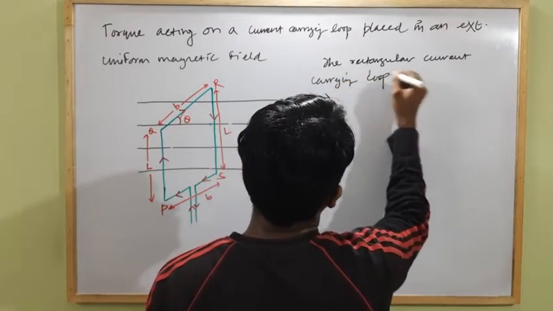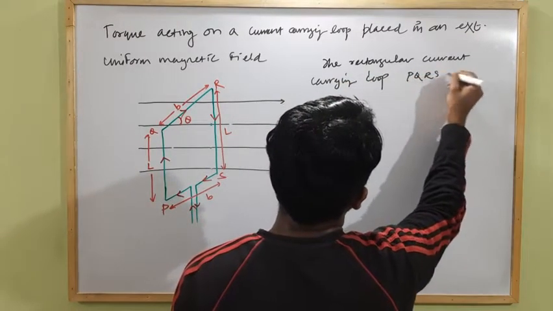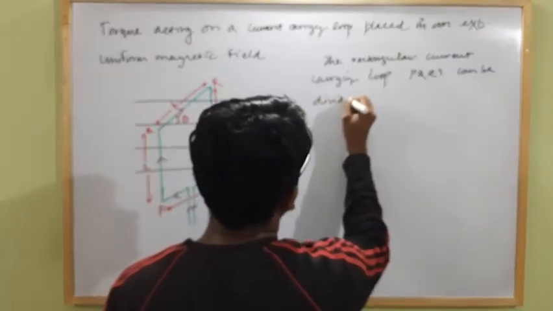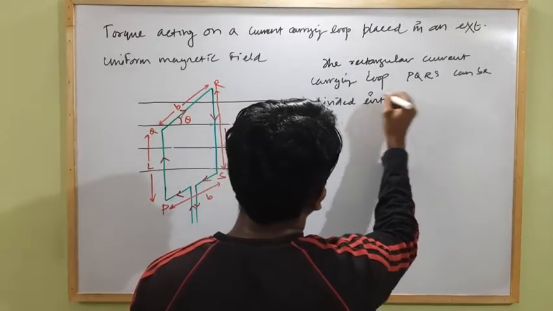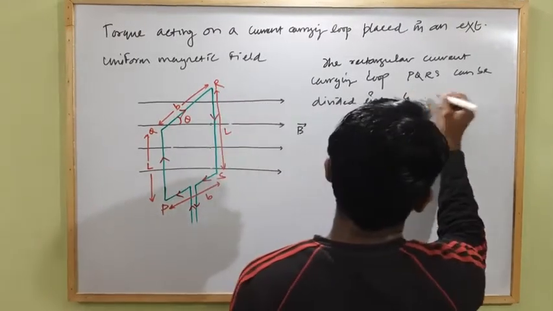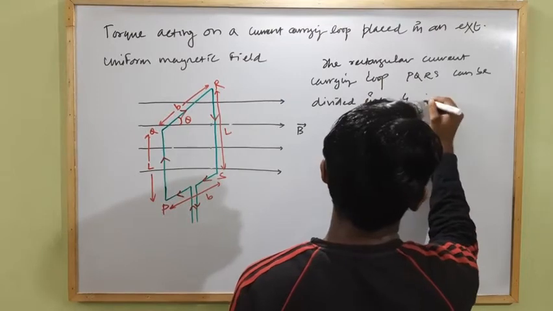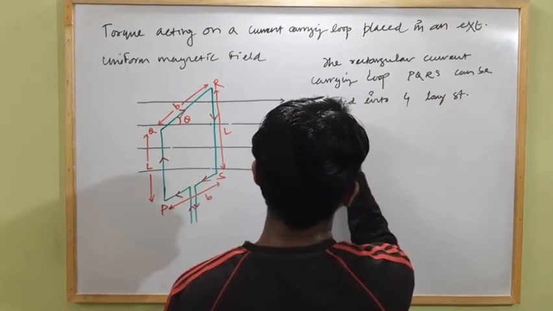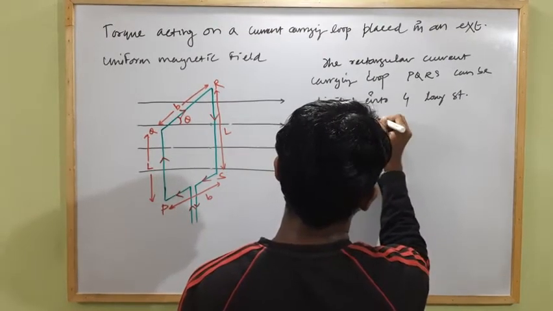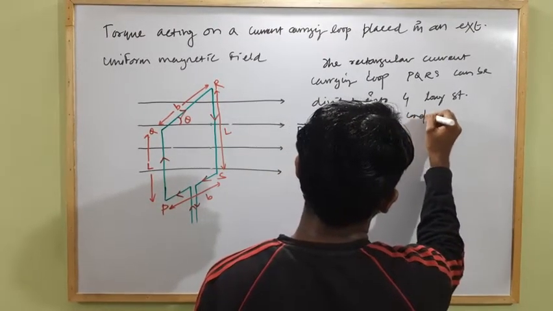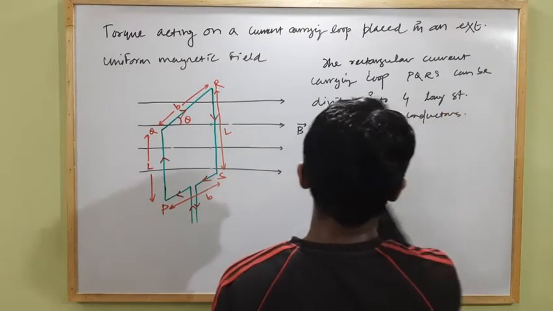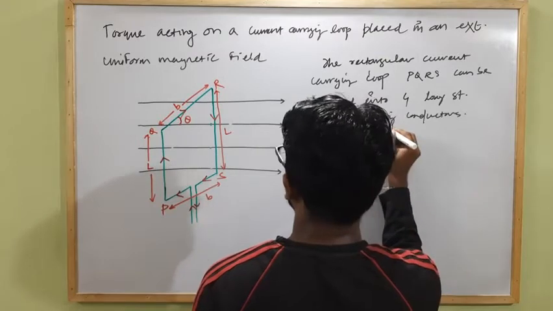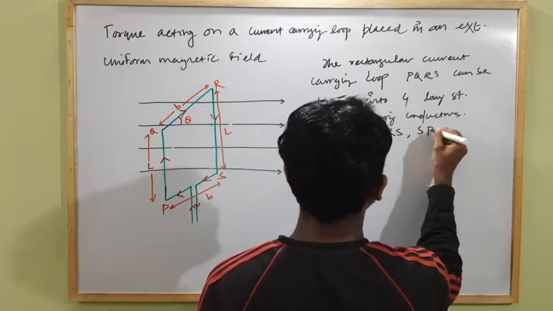So here we can write the rectangular loop PQRS can be divided into 4 long straight current carrying conductors named PQ, QR, RS and SP.